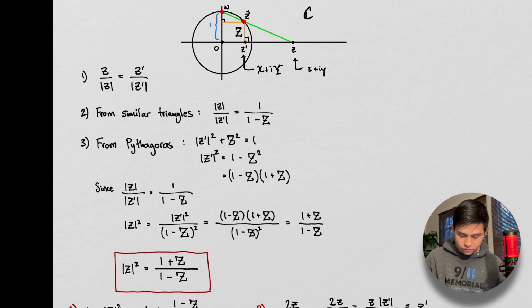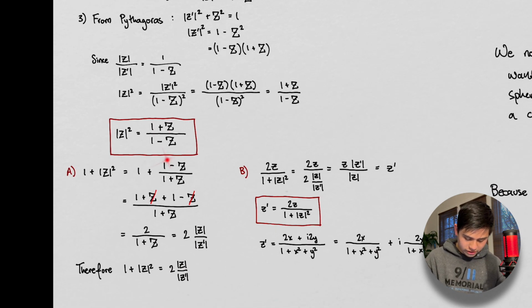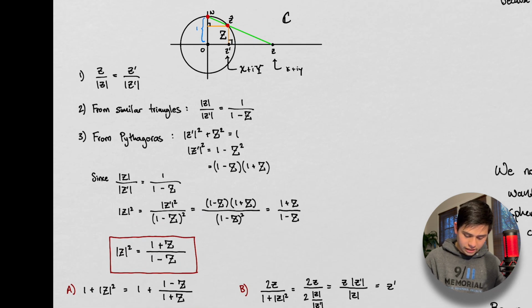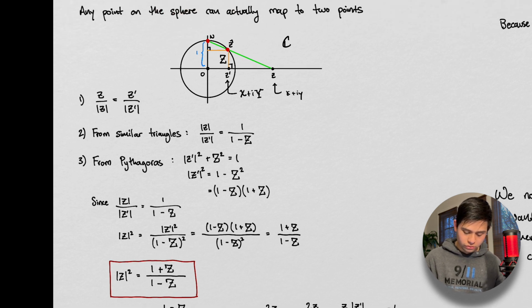So the first one is going to be this relationship right here, that z, our distance, is going to be equal to the height from the complex plane to the surface of the sphere. And we're going to see how we're going to do that. So first off, we are going to look at this relationship here.